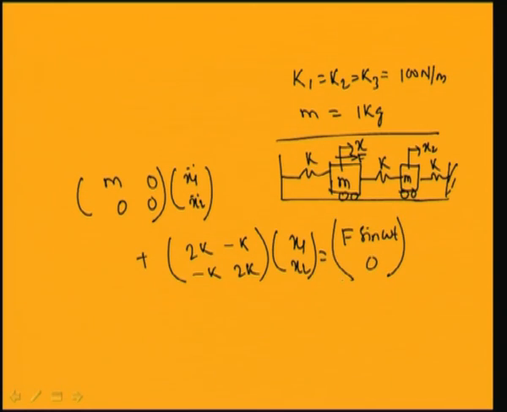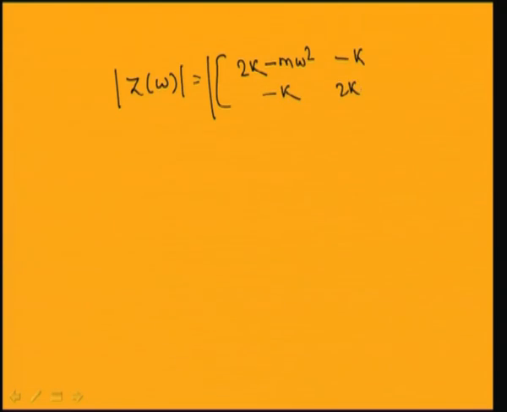Now I will assume a solution in the form x1, x2 equal to capital X1, X2 sin omega t, and find the steady state response. By assuming this, I can first find Z omega, which is the determinant of the matrix 2k minus m omega square, minus k, minus k, 2k minus m omega square.